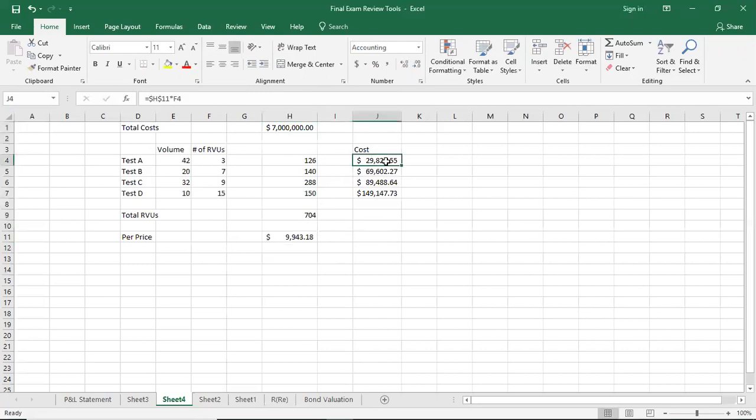Then this is what you should charge to earn that $2 million profit. Per test. Per test, yeah. So that changes your per RVU price, because you put in that stipulation to earn a profit.